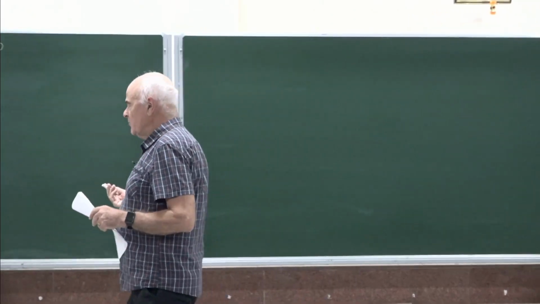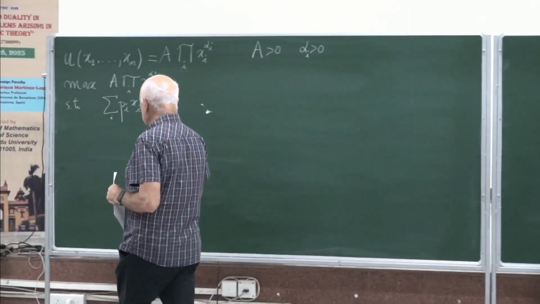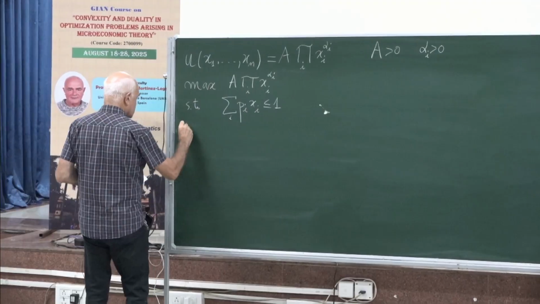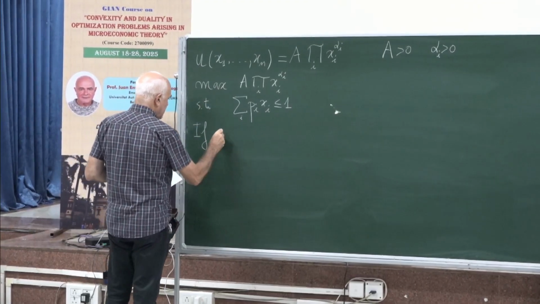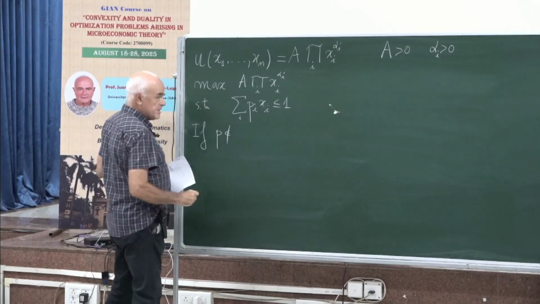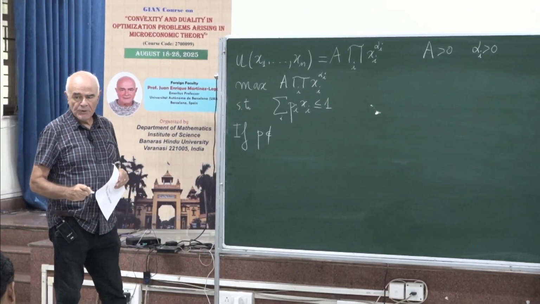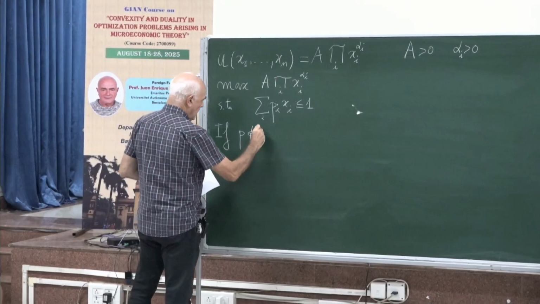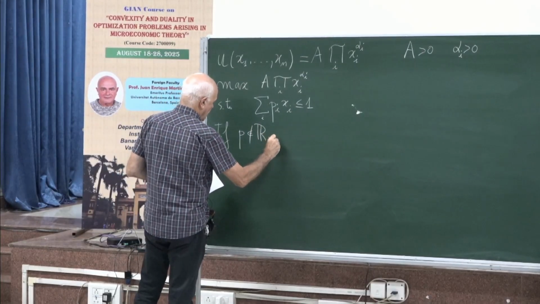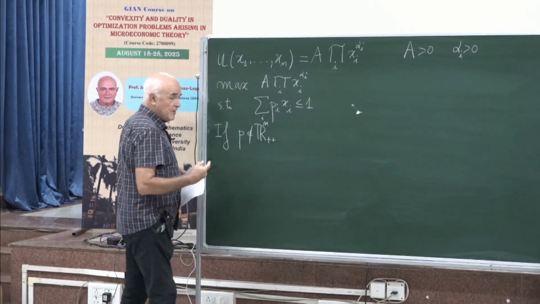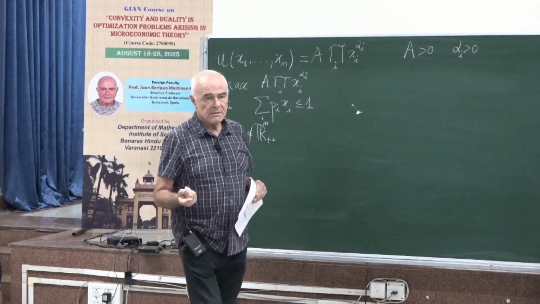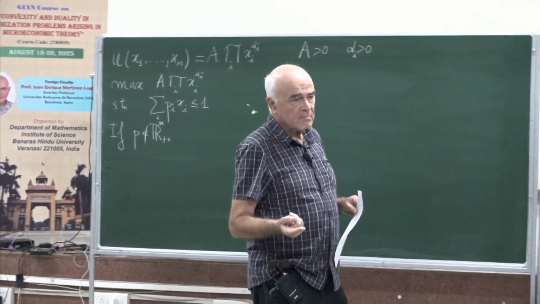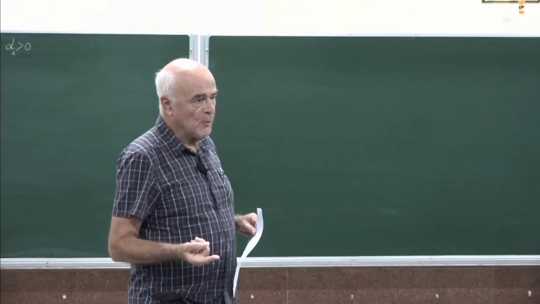So I first consider the case when p is not in the strictly positive orthant. So p is non-negative always, but it may have some zero component now.